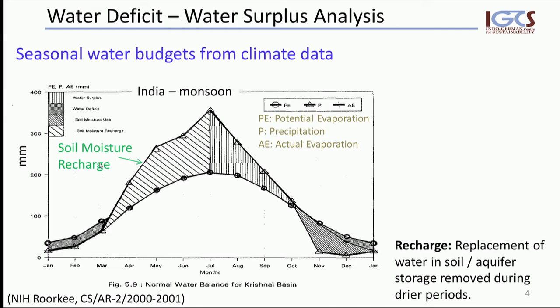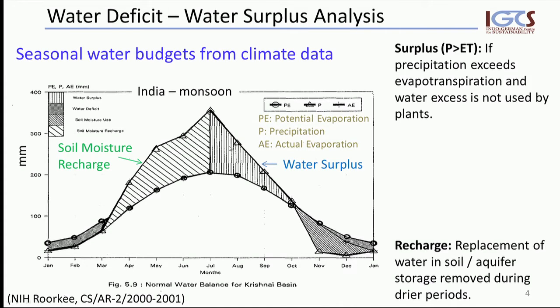It essentially means that we replace our soil moisture storage, and when we reach this top point in our graphical visualization, we reach the point where the soil moisture compartment is being refilled and water surplus is occurring.